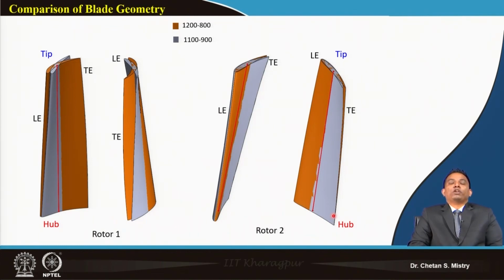So maybe you need to go with slightly higher loading for rotor 1, not too much. And the advantage of higher loading of rotor 1, we have realized, is stall-free operation, and that increases my overall operating range.